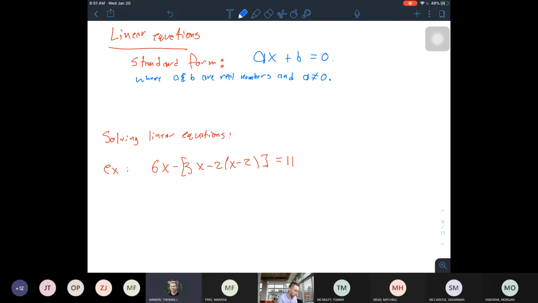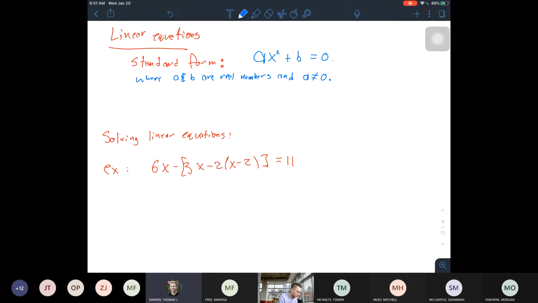Why do we call it linear? Well, we call it linear because the highest power on x is 1. When the highest power of x is 2, we'll call it quadratic. When the highest power of x is 3, we'll call it cubic, and so on and so forth.